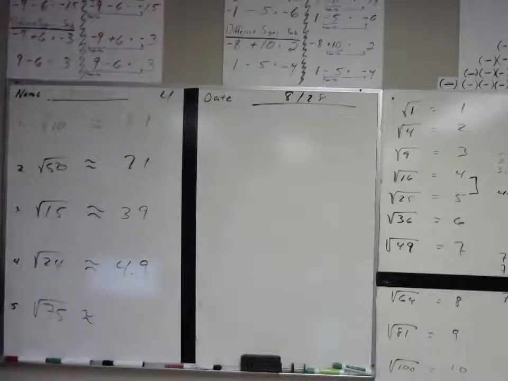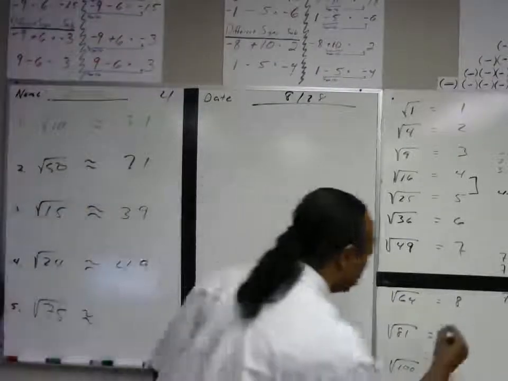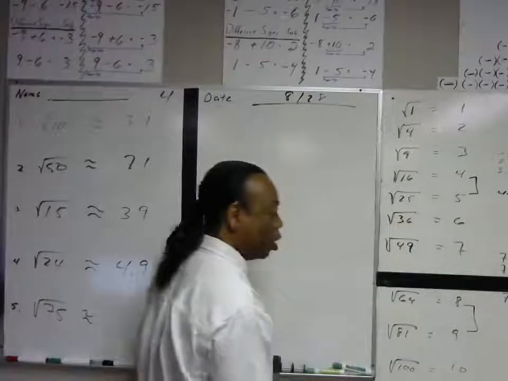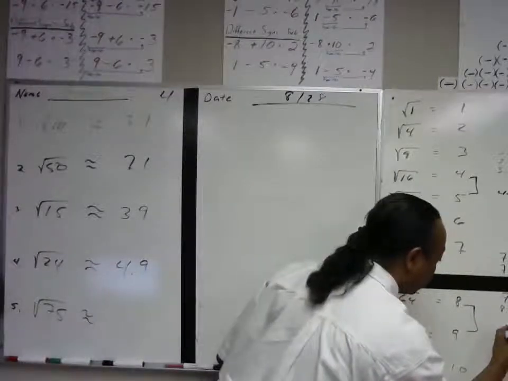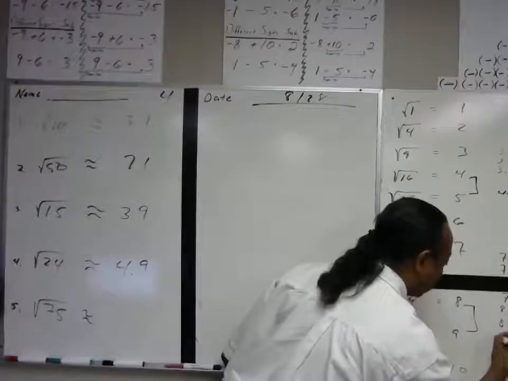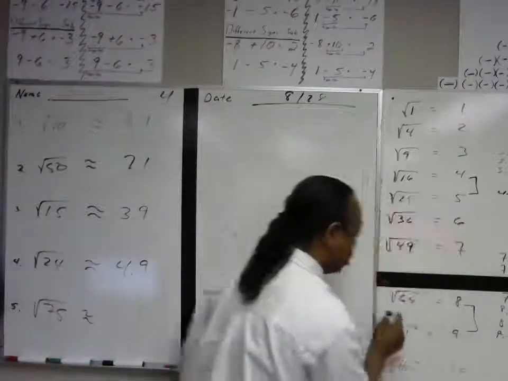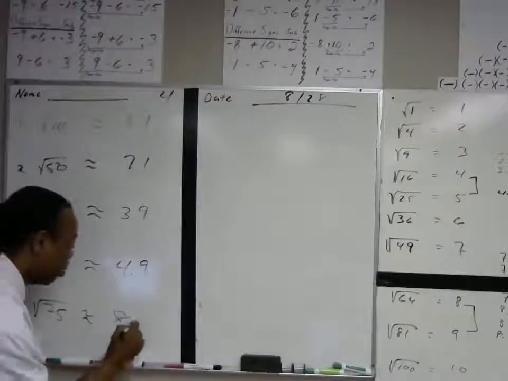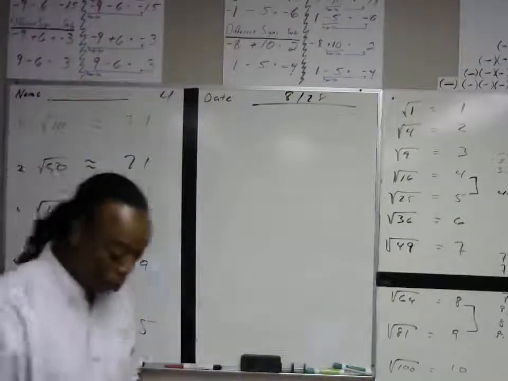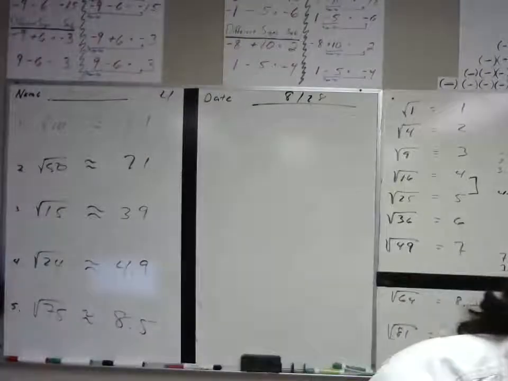Yes, exactly. Well done. Between 8 and 9, there's 8.1, there's 8.5, and there's 8.9. 75 is in the middle, so I would use 8.5 for that. Very good. Okay.